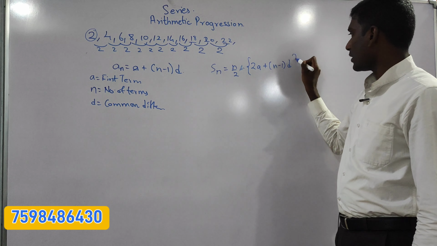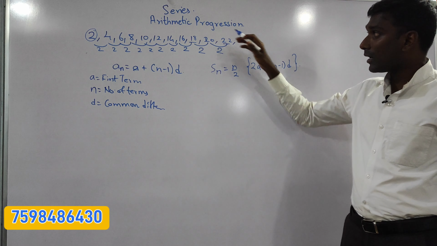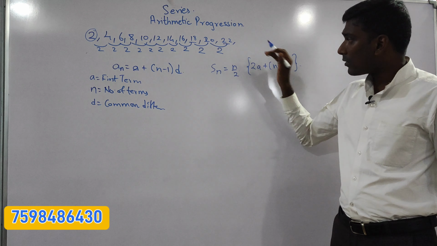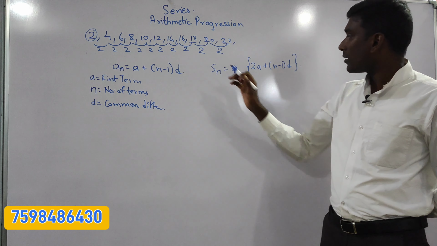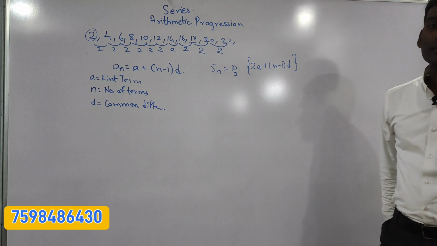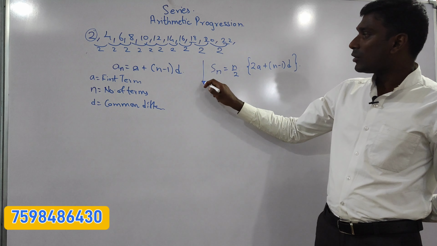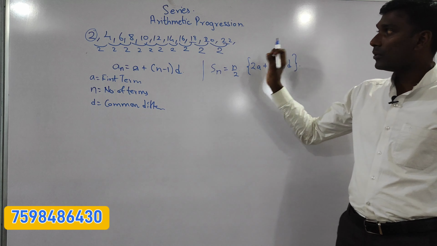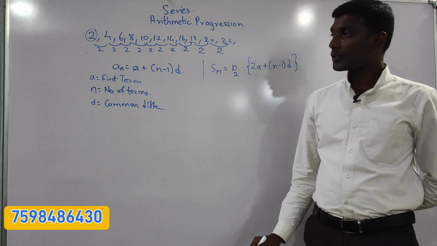So this is nothing but the summation of the series which is in arithmetic progression. N is the number of terms, a is the first term, then d is the common difference. Okay, so these are the two important formulas that you are going to use in arithmetic progression.